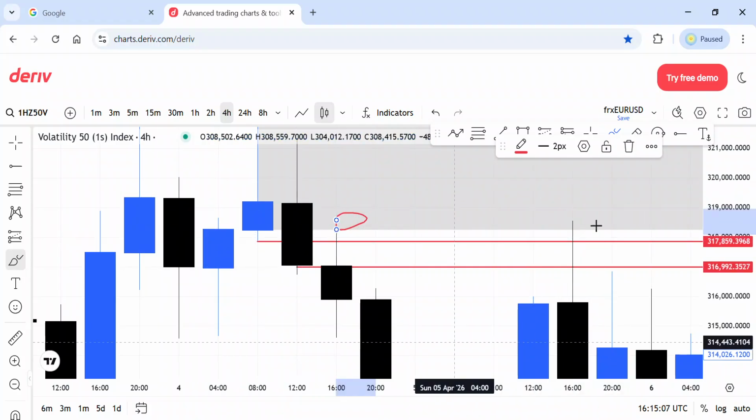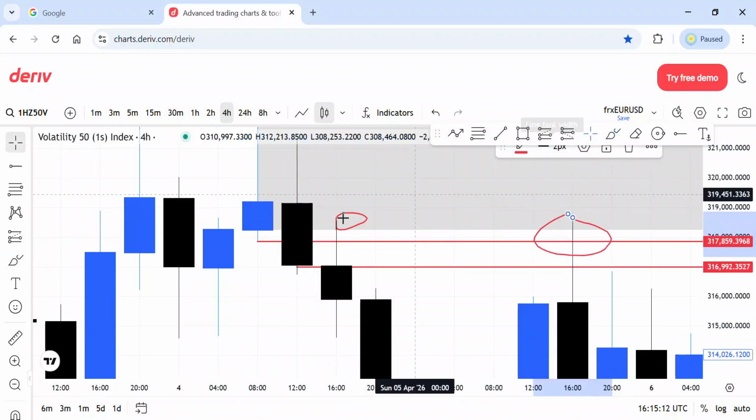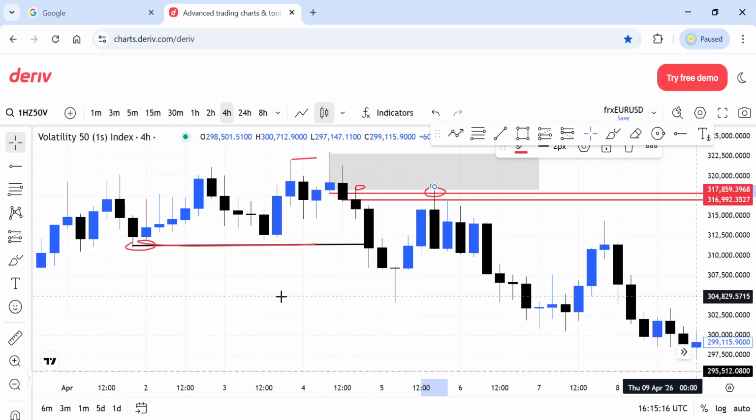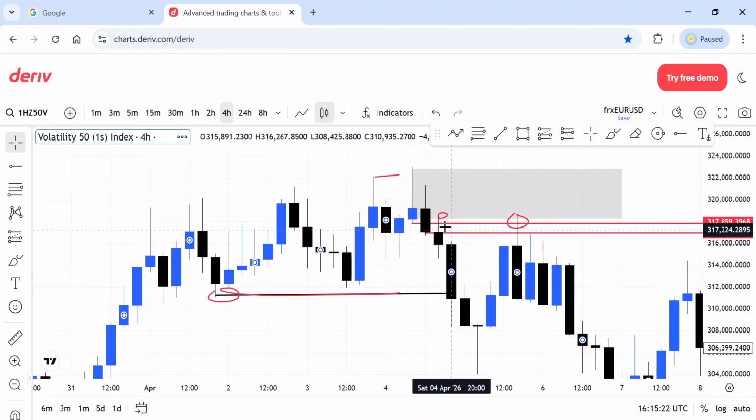Not only that, we still have another pullback that came back again and mitigated it. So that means that order block is no longer valid. Why? Price has already mitigated it. But what happened? We have another one.